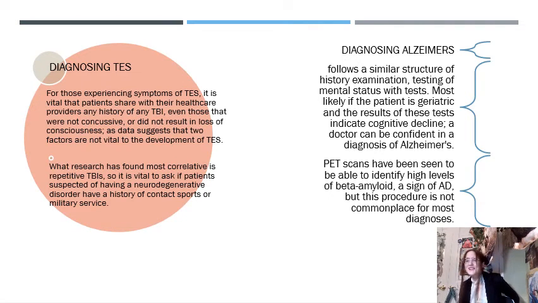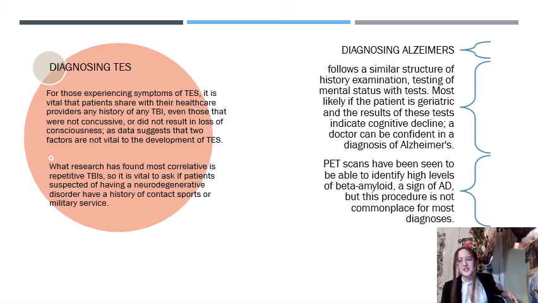So there is no test for Alzheimer's or TES. There are cognitive examinations and taking patient history and tests to rule out other conditions, such as a tumor or a vitamin deficiency, but you're not going to test for either of these conditions. What's most important in the clinical presentation is context for diagnosis.